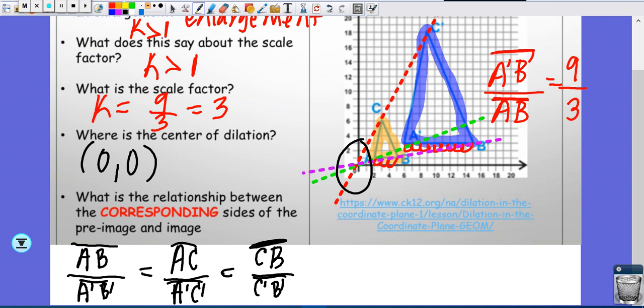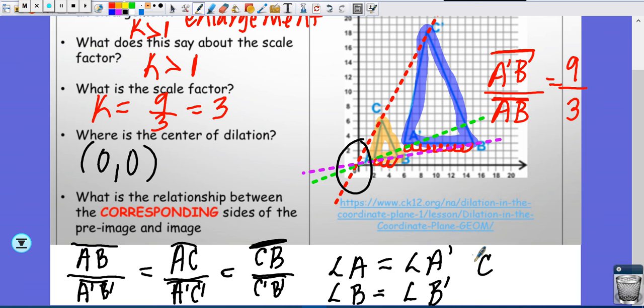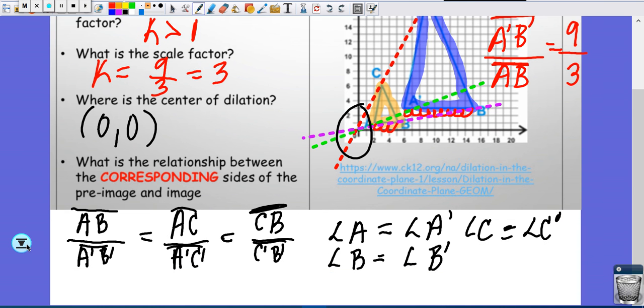So that's the symbol version. And then angle A should equal, if these are similar, angle A prime. And then angle B should equal angle B prime, and angle C should equal angle C prime.